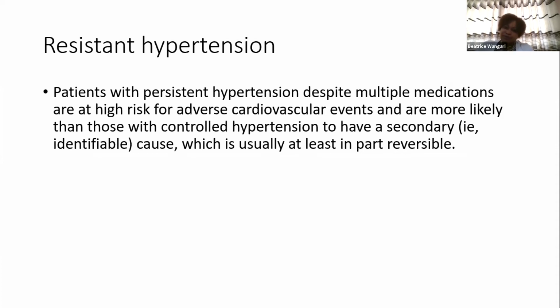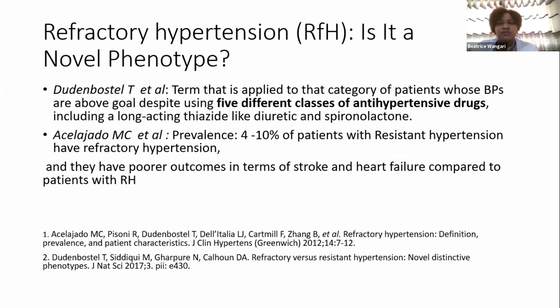There's this other terminology of refractory hypertension which seems to be coming up. These were actually single center studies, but they defined the term refractory hypertension as that category of patients whose BPs are above goal using 5 different classes of antihypertensive agents.